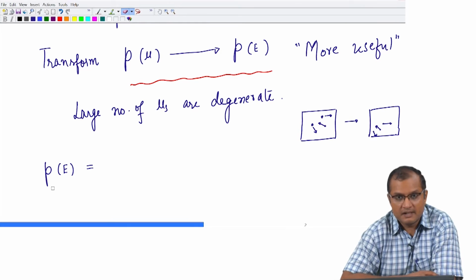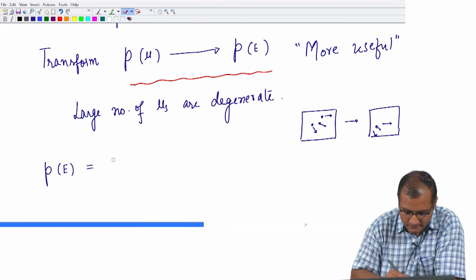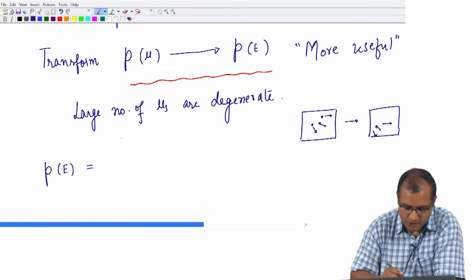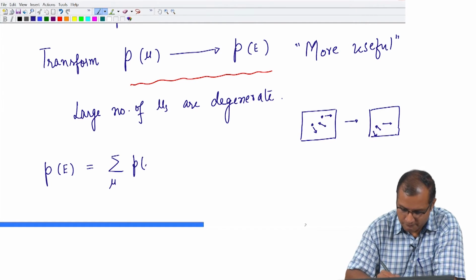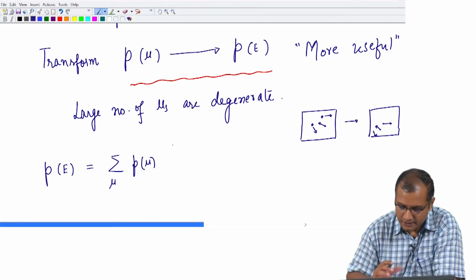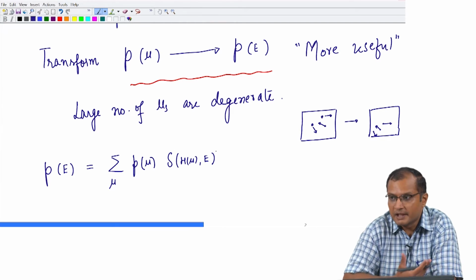Because henceforth all quantities are system quantities. So, if you want to find out the PDF in terms of energy, what you have to do is basically sum over all microstates of the system, P of mu, and simply use the condition that whenever the energy of the system becomes E, you take account, and when it does not equal E, you do not take account.